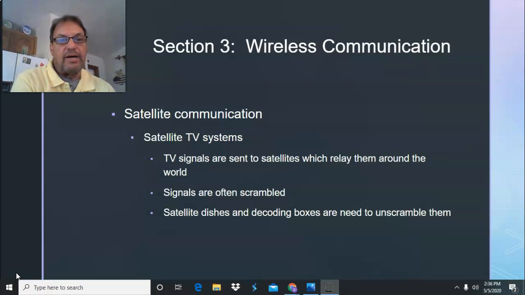Sometimes you may have a cable box that is unscrambling that particular signal so that the satellite companies can make money. Dish Network, DirecTV, different ones of those use that satellite communication, and you will have a decoding box in your house, and that's how that is unscrambled.